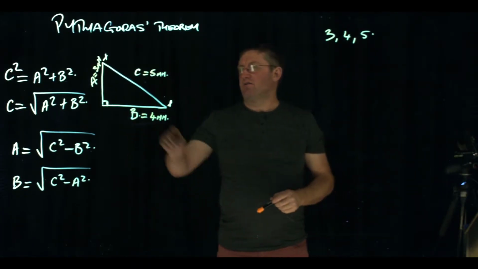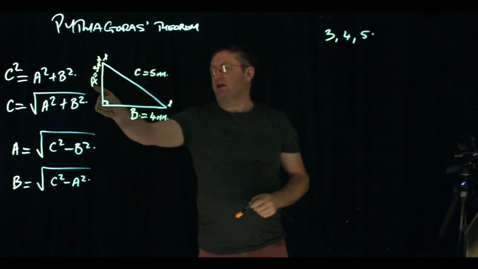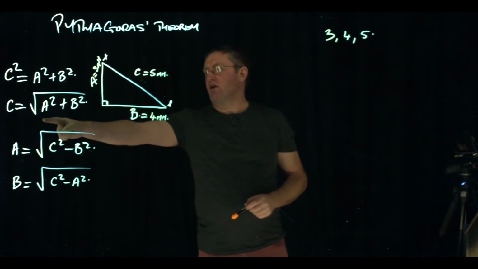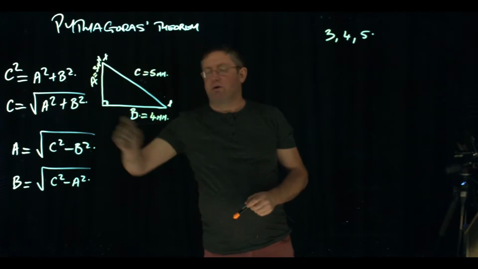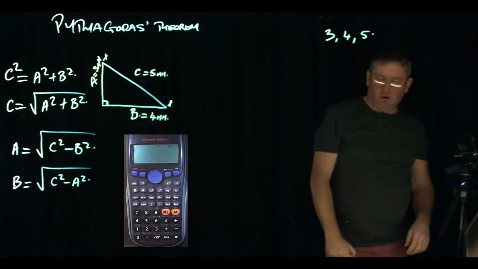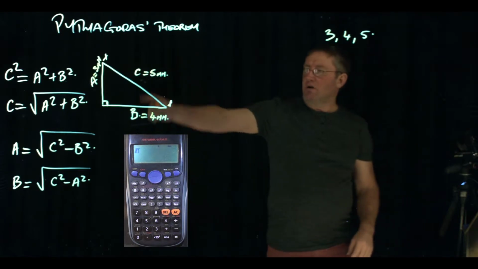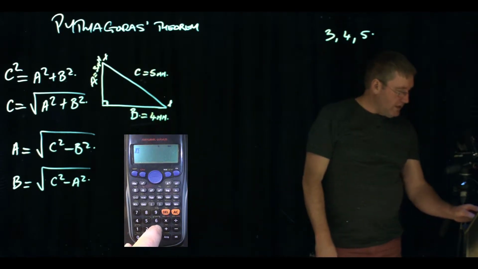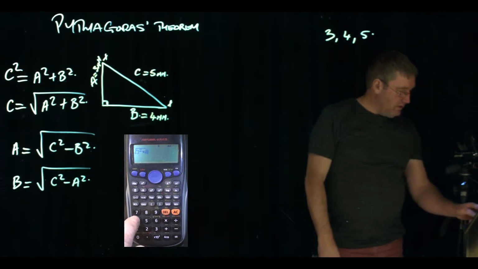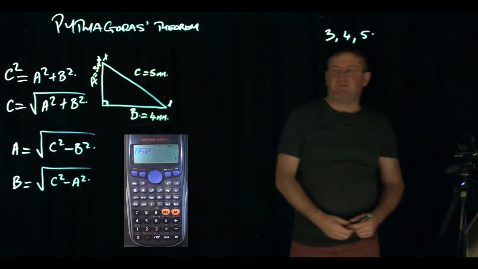So using the formula of trying to find c, starting off with the a and the b, we want c, we want the square root of a squared plus b squared. So turning the calculator on, I'm going to push the square root symbol for a start, and then I'm going to put in a as 3 squared plus b 4 squared, and push the equal sign, and as you can see, it's come up as 5.